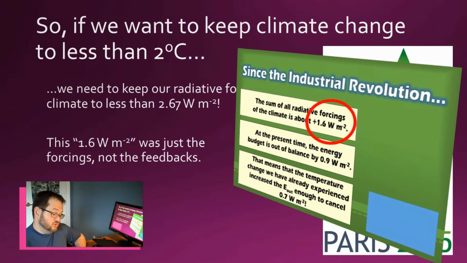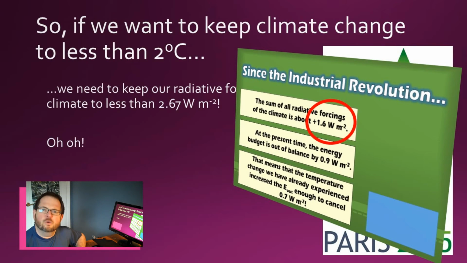Admittedly, aerosols will also work to offset some of that warming and so on, but in general, we're going to blow way past that number. The total change in the energy budget due to anthropogenic activity is already more like 4 or 5 watts per square meter, and we need to keep our radiative forcing of the climate to less than 2.67 watts per square meter.